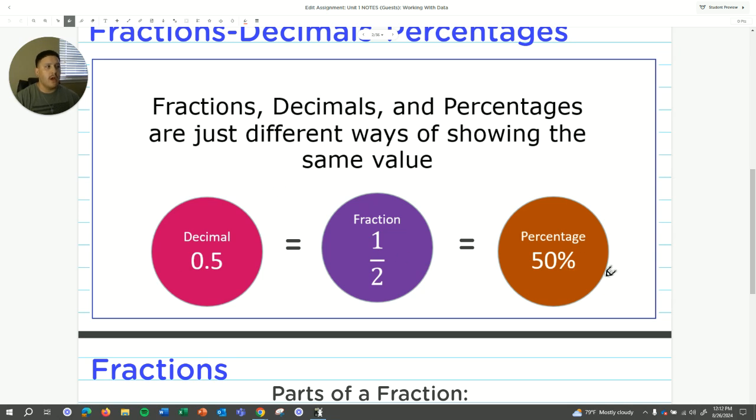Each one of these is interchangeable. They mean the exact same thing. Depending on the context of the problem or the situation, you may prefer to use percentages for one scenario and decimals for another. Whatever the case is, they're the exact same numbers. It just depends on what context you're using them in.